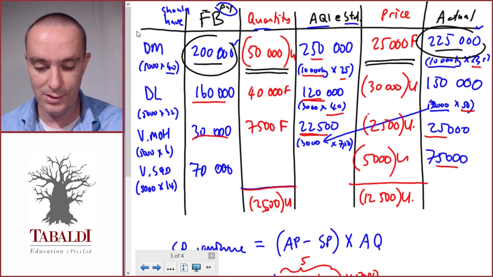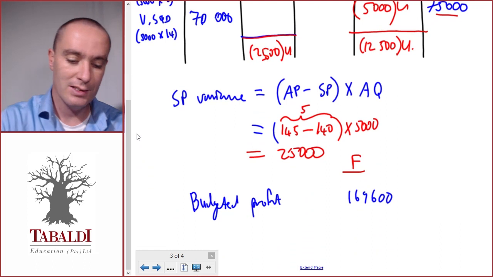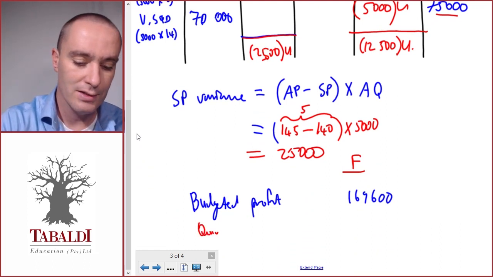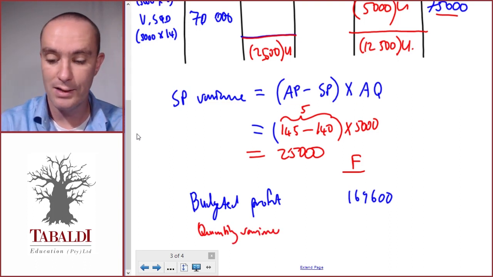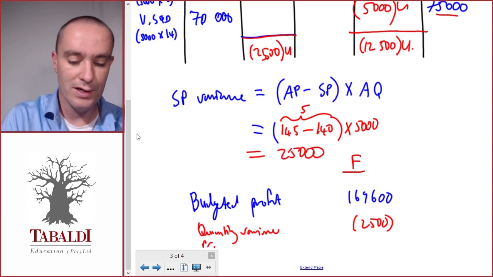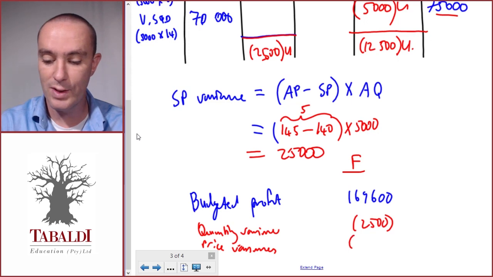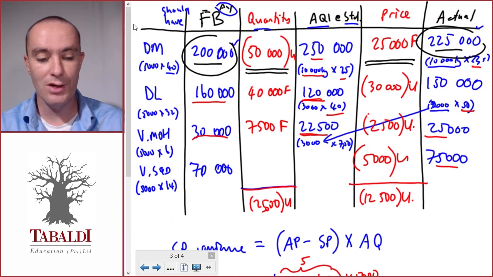So we've got all our quantity variances, 2,500, and price variances, 12,500. These are only variable costs.